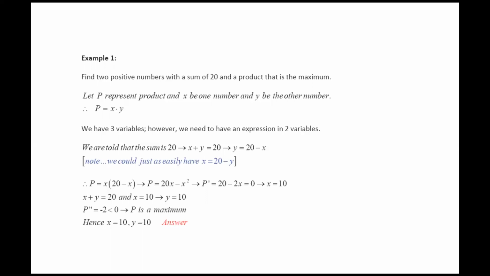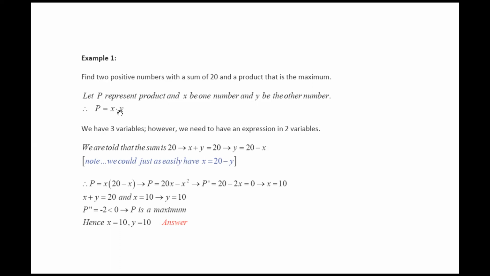So we must determine an equation that expresses product. We're going to let P, capital P, represent product, and we're going to let X be one number and Y be the other number. Therefore, our equation is that P is equal to X times Y.